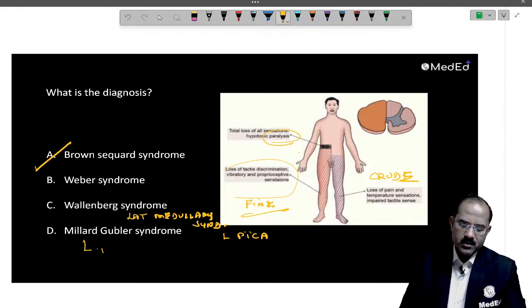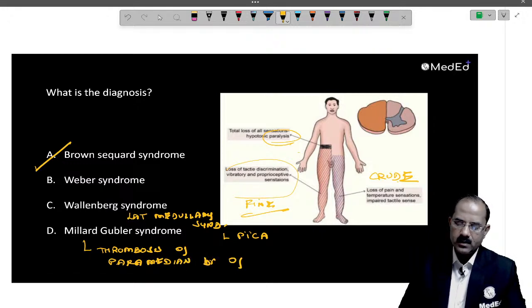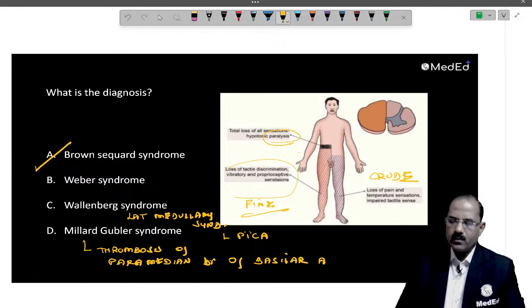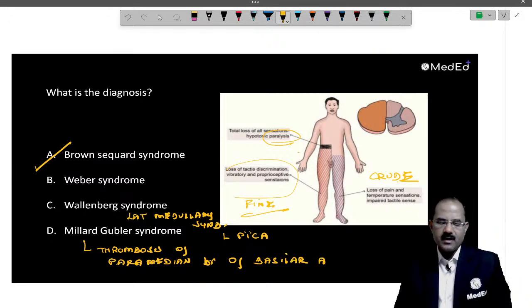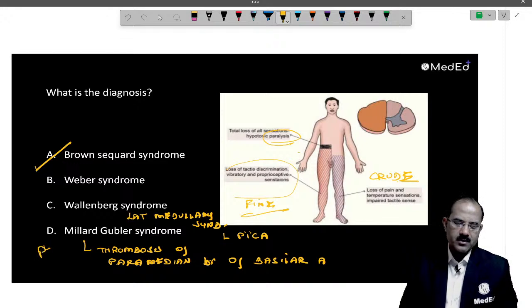Millard-Gubler syndrome is thrombosis of paramedian branches of the basilar artery, that's in the pons.